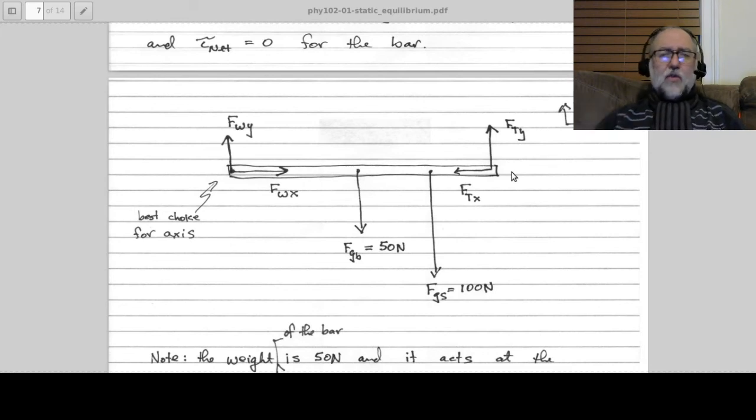What are all my forces up? There's only 2: Fwy and Fty. They have to balance all the forces down, this 50 newtons plus that 100 newtons. So you could write that Fwy plus Fty must equal 50 plus 100.